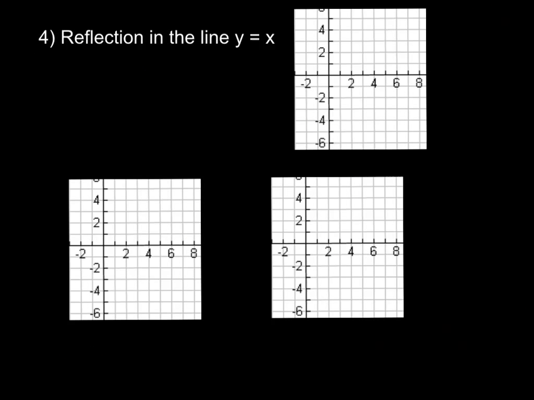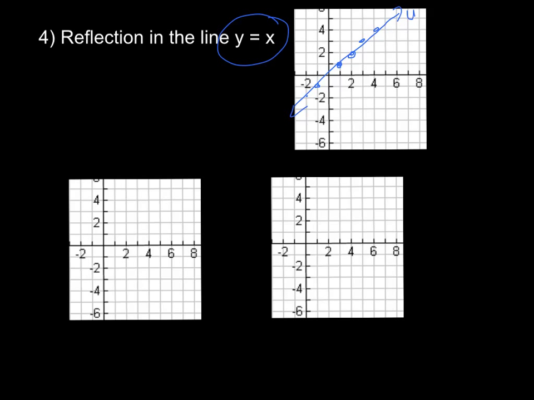Alright, now we're going to reflect something in the line y equals x. This ought to be fun. So to reflect in the line y equals x, I suppose you need to know what the line y equals x looks like. It's when 1 equals 1, and 2 equals 2, and 3 equals 3. It's when y equals x, right? It's a very common line. It's one of your parent functions that you need to memorize.